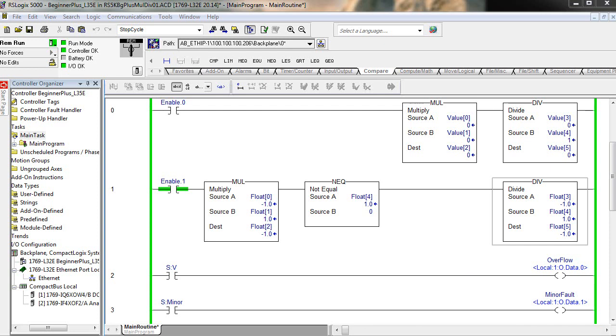Now, some of you watching this may be far removed from your math classes. So next I had you change them both to -1. And of course you've already done this lab, so you know what the result was. I'm just curious if you knew what was going to happen before you made the change.